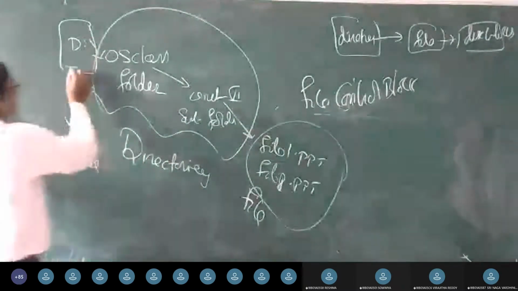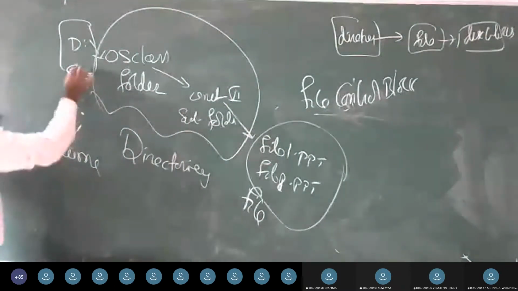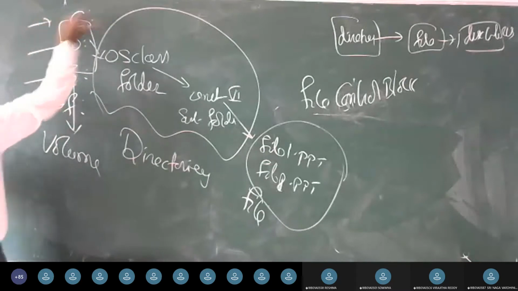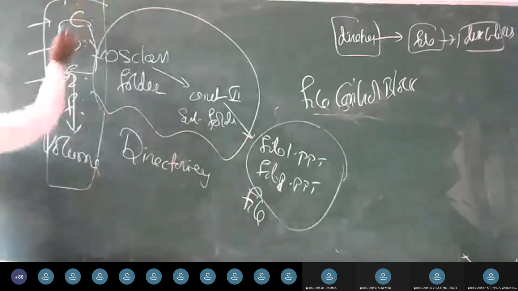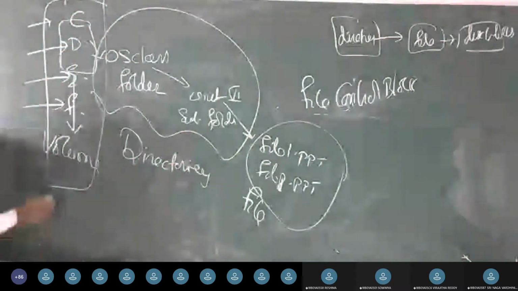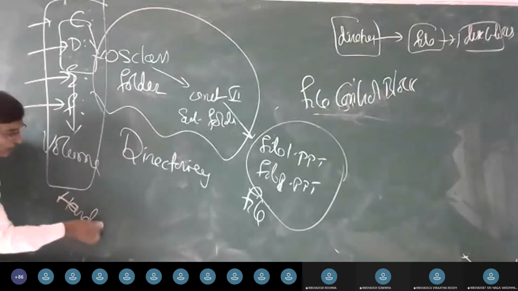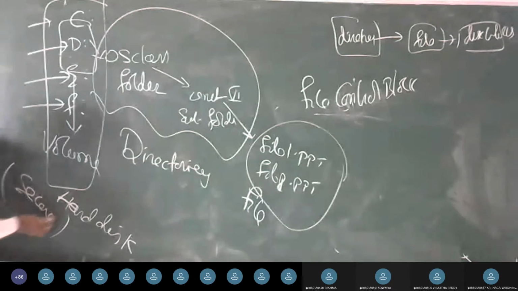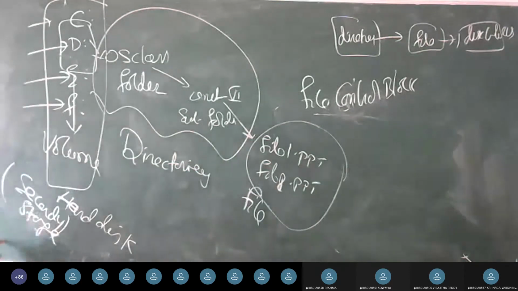So we have the D drive, E drive, F drive, C drive. This entire set of C, D, E, F drives, we are going to call the hard disk. The hard disk is nothing but what we call secondary storage.